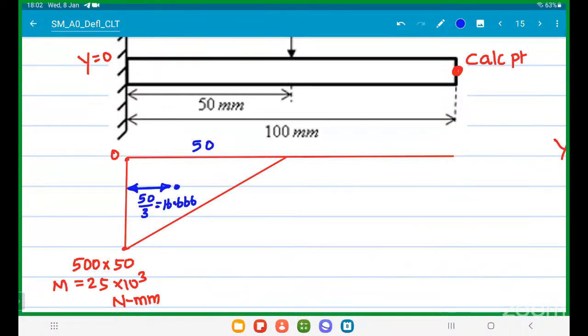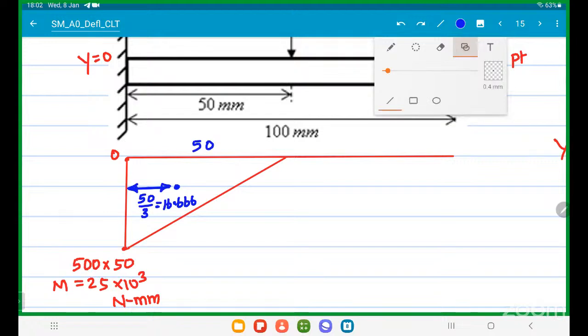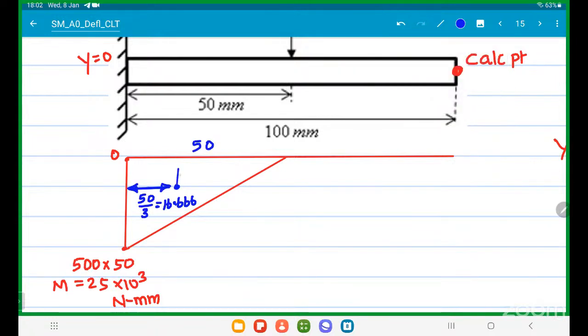Then this is not my required length. I want the distance between the calculation point and the centroid. This is my X bar. What is this length? 100 minus 16.666 equals how much? 83.333.